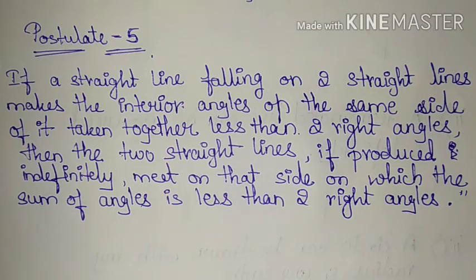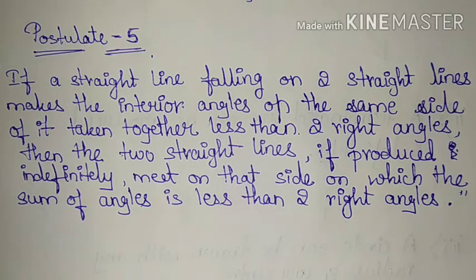Their efforts opened a way to a different kind of mathematics, which today we know as non-Euclidean mathematics or non-Euclidean geometry. And even so many years after Euclid, this statement is still considered to be the fifth postulate.